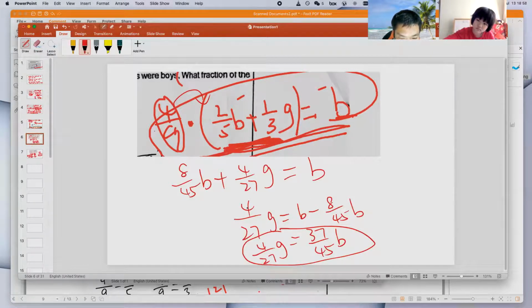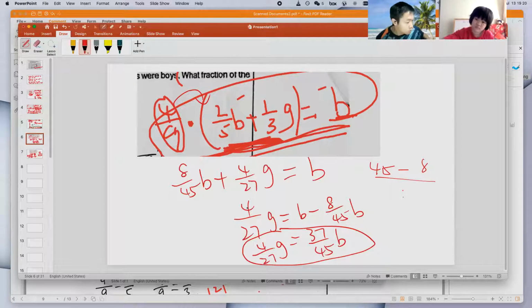Let me double check here. 45, 4 over 37. Then this is 45 minus 8. So it's 37 over 45.